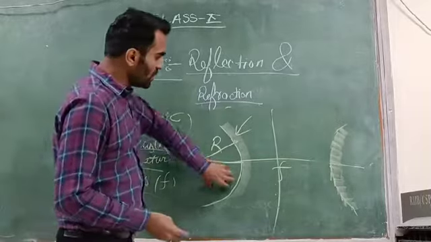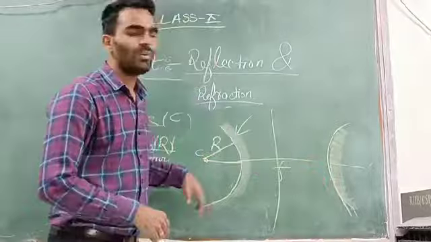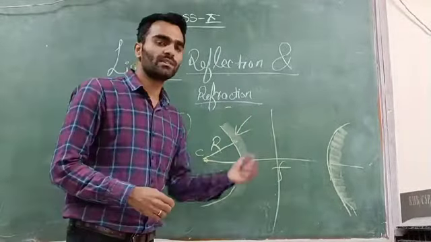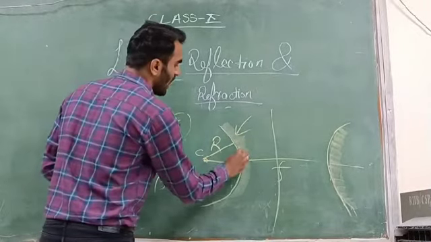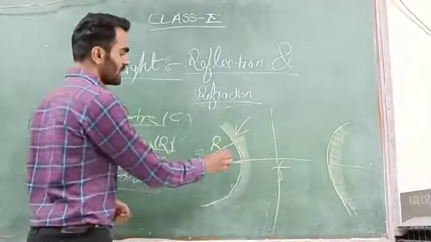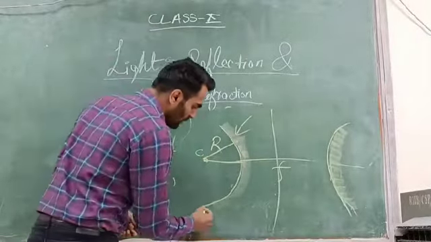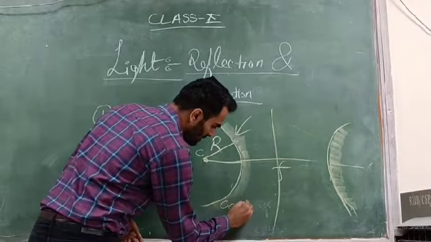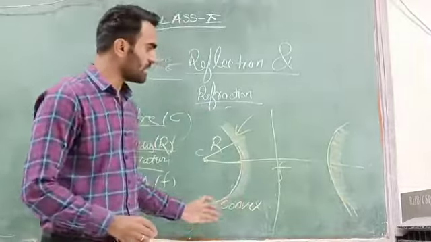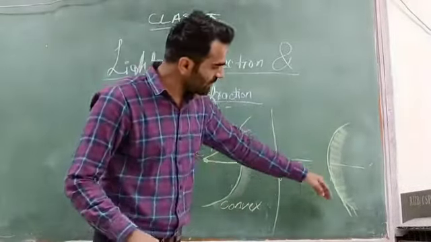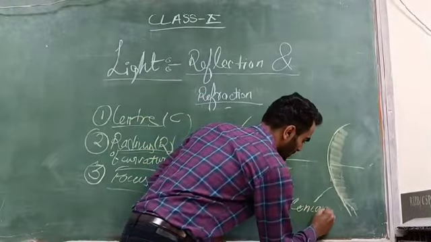Now if I have drawn two mirrors, how are you going to differentiate which one is convex and which one is concave? If the surface is curved outward, it is basically a convex mirror. But in this case the surface is curved inward and it is a concave mirror.